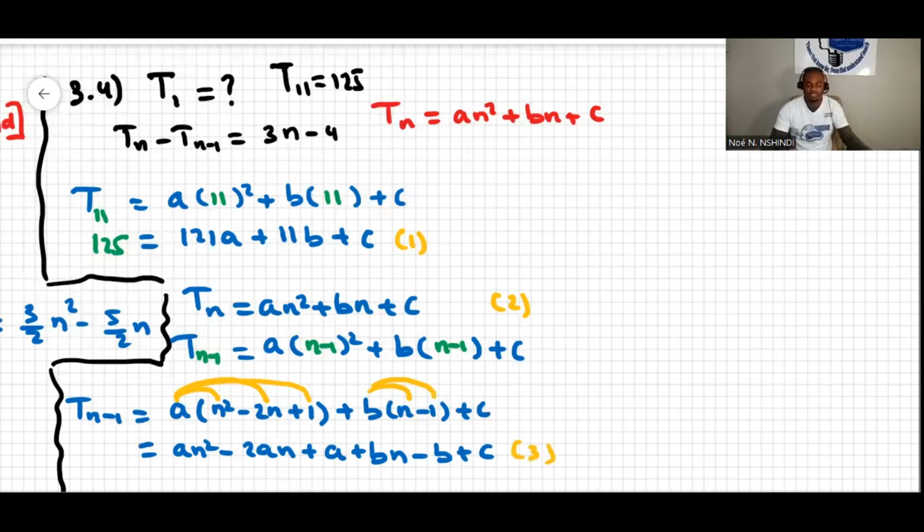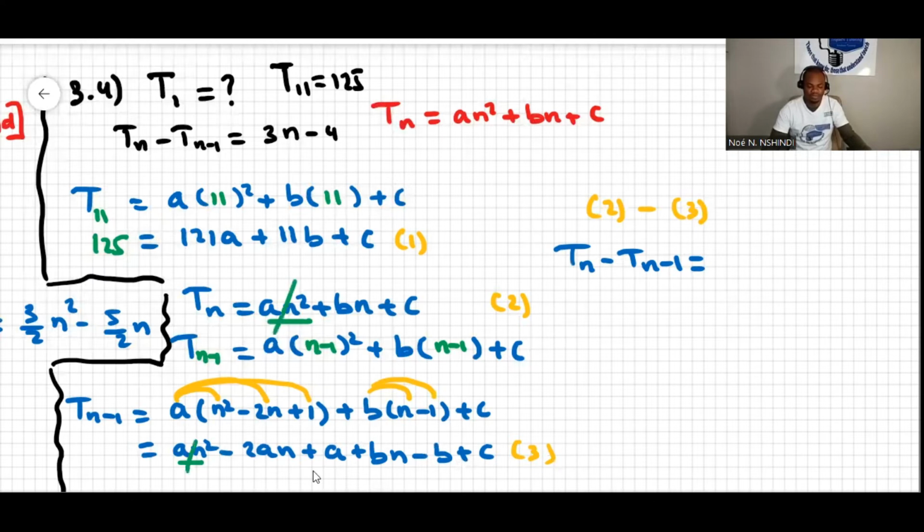Now with equation 2 and 3, we can do 2 minus 3. Okay, let's do equation 2 minus equation 3. So this is just Tn minus Tn minus 1. Check this out. I'm going to underline like terms. We have an squared here and then an squared there, because you're minusing the 2, the 3.